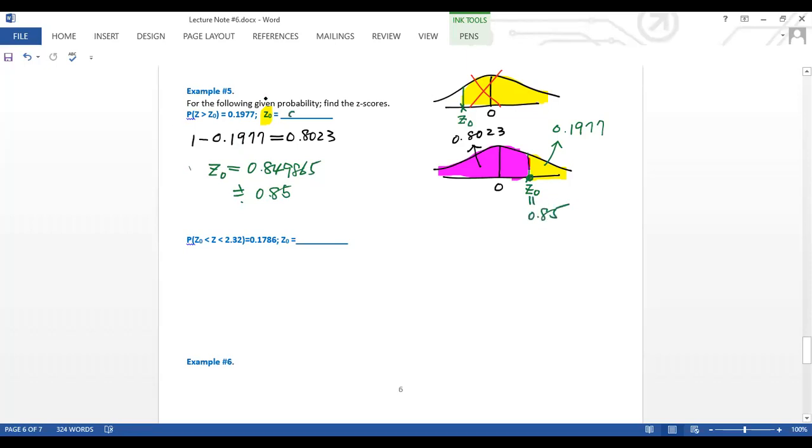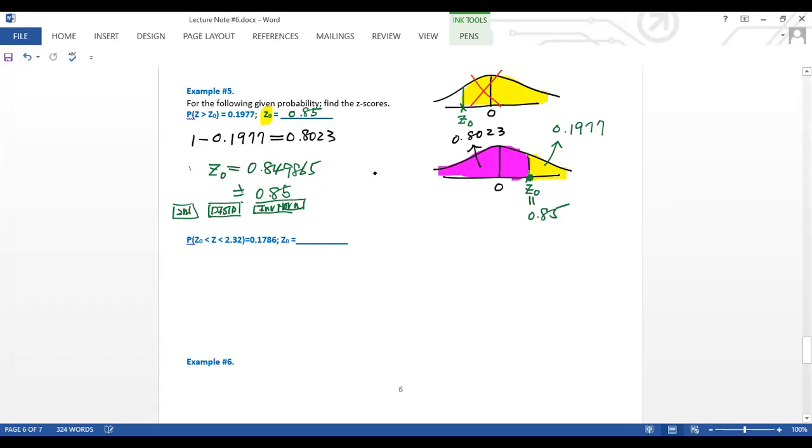So in the TI calculator, which function do we use? We still go second, DISTR, then the number 3, invNorm. Then the area, make sure it's always the left-hand side area.